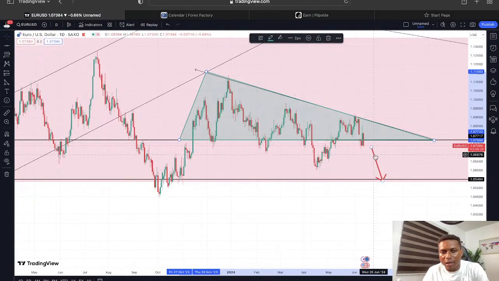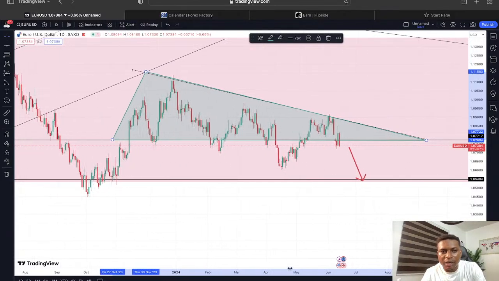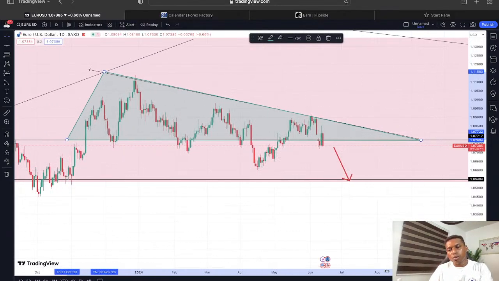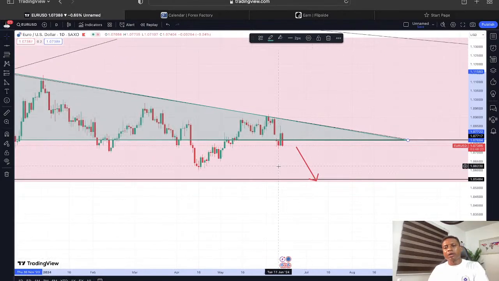Now yesterday was quite bullish, and that was because the CPI news came out in favor of the euro, and the market moved up.